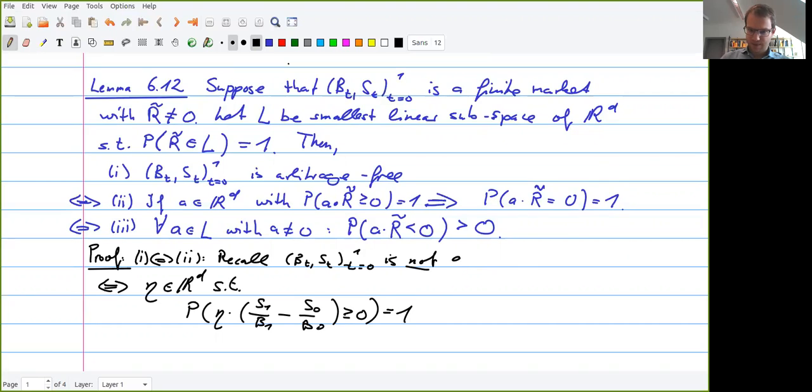Not arbitrage free. It's simpler to define what an arbitrage opportunity is. So this means there exists an arbitrage opportunity, and this is equivalent to considering the discounted price process here. So we just need to have an eta, which stands here for the self-financing trading strategies, such that the gains we make at time 1 are always non-negative, and with a positive probability we make some profit.